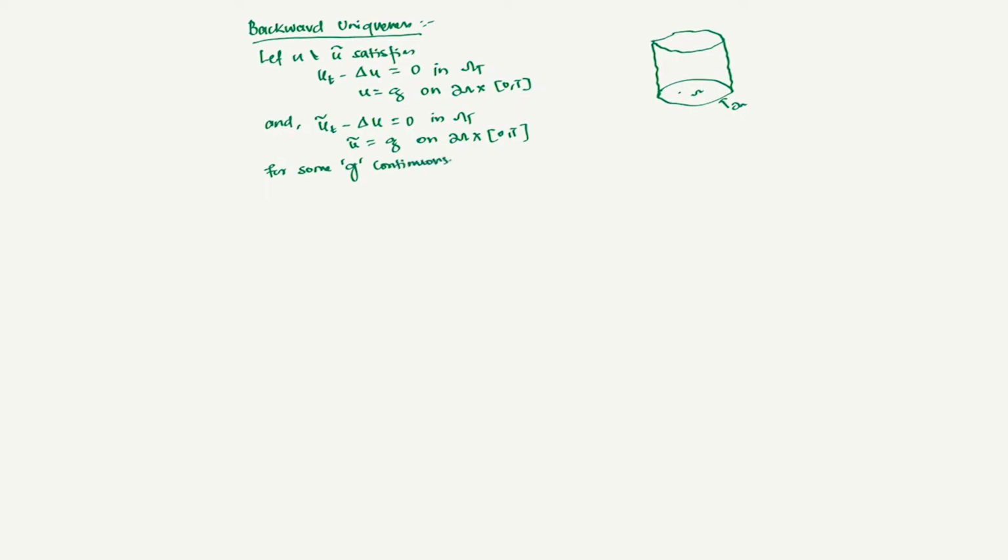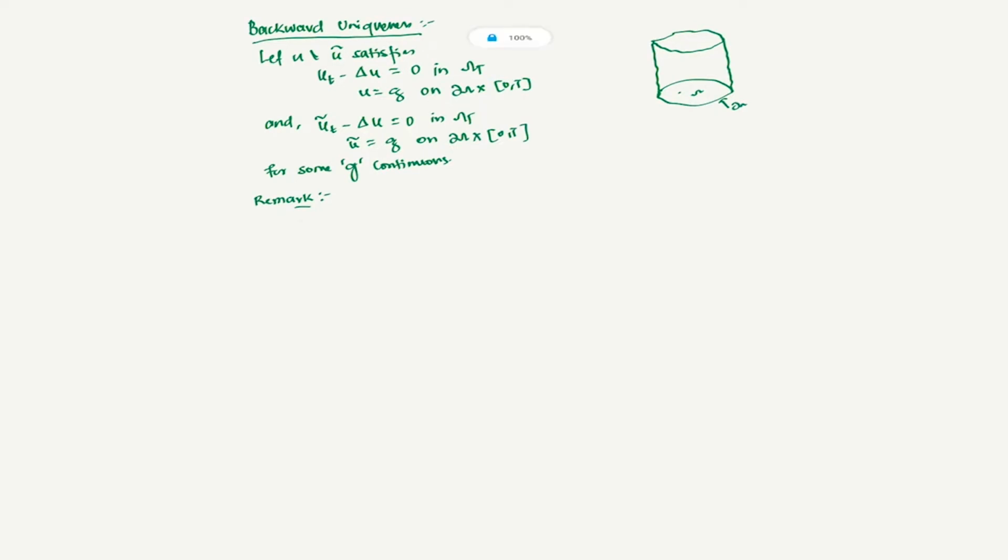Clear? Now one small remark here. What am I starting out with? I'm starting out with two functions u and u tilde, such that u satisfies this equation and u tilde satisfies this equation. So essentially they satisfy the same equation.